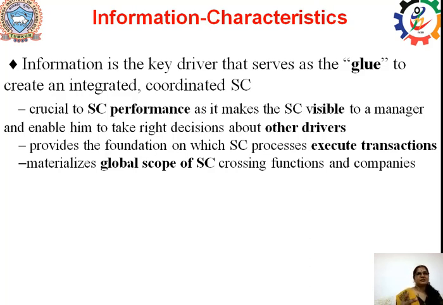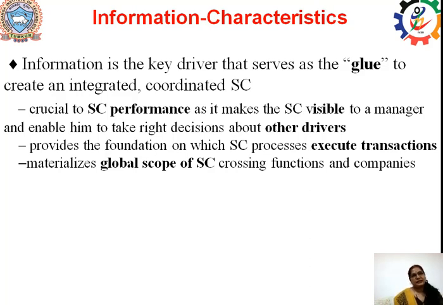Other drivers, as I just mentioned, be it inventory, transportation, facility, pricing, sourcing, whatever. About every driver, information is the key factor. It provides the foundation on which supply chain processes execute transactions.